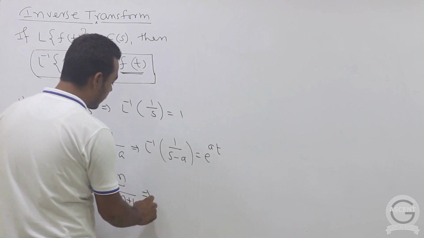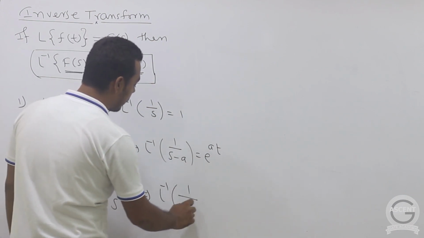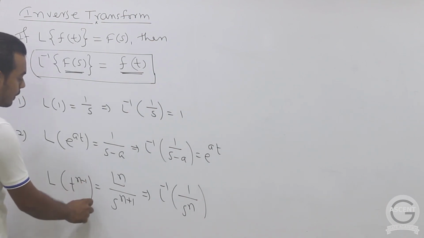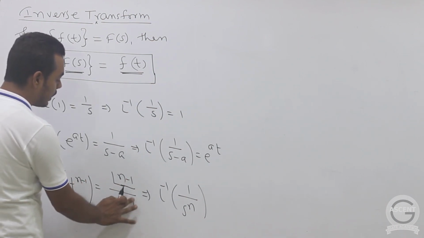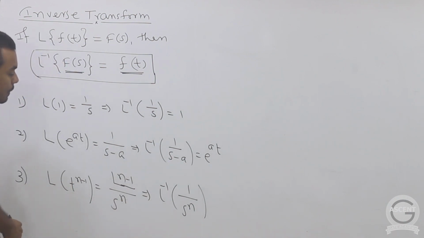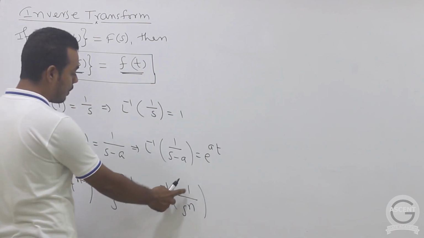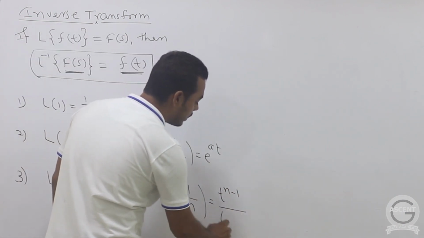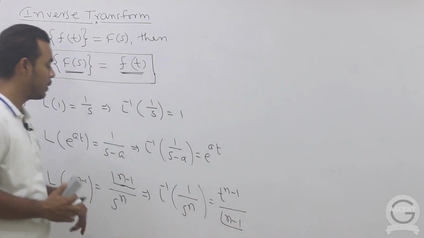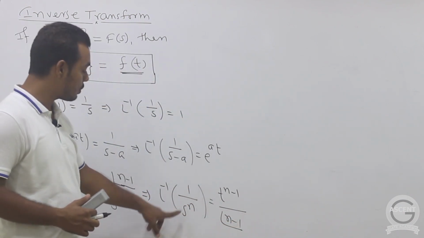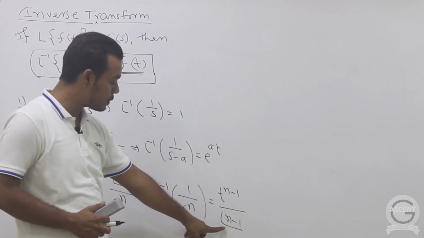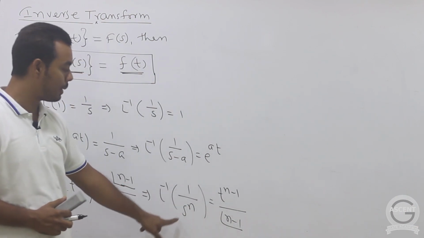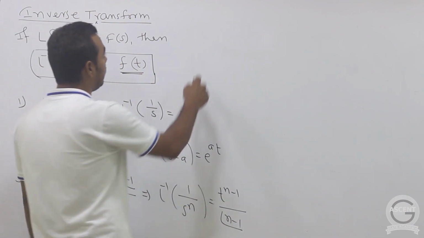So if I have to calculate inverse transform of 1/s^n, suppose I had n-1 here, then I will get (n-1)! here and s^n here. So inverse transform of 1/s^n will be t^(n-1)/(n-1)!, because the Laplace transform of this function will be 1/s^n. So these are the first 3 formulas.